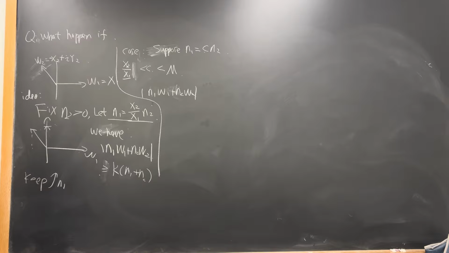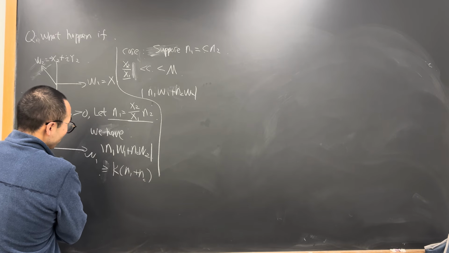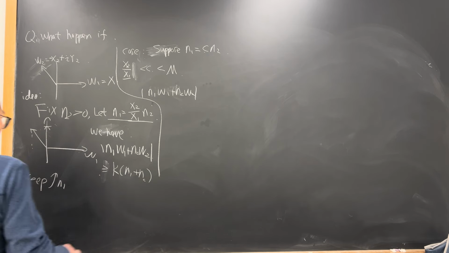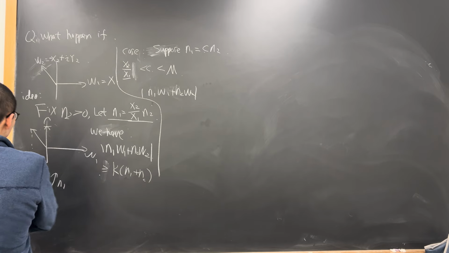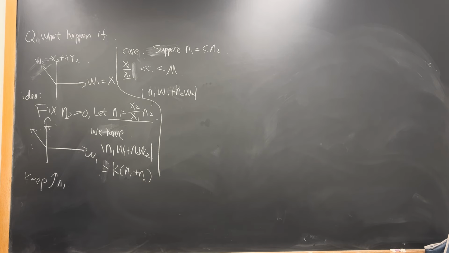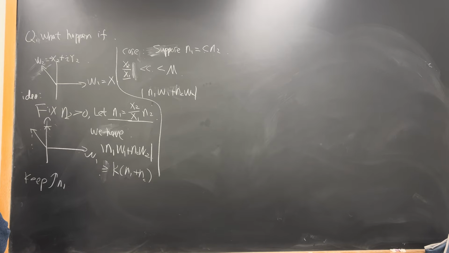Namely, you divide both sides by N1, and in this case you make N1 to be 1. I think it will work, right? You can always assume without loss of generality that N1 is always 1.